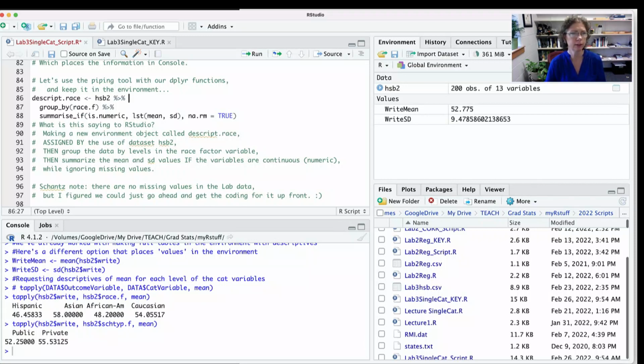Make a new environment object called descript race, assigned by the dataset HSB2, then group it by race, the race factor categorical variable, then summarize the mean and standard deviation if the variable is numeric, so if it's a continuous variable. And this will get the mean and standard deviation for all of the variables in the data set that are continuous, and ignore the missing values.